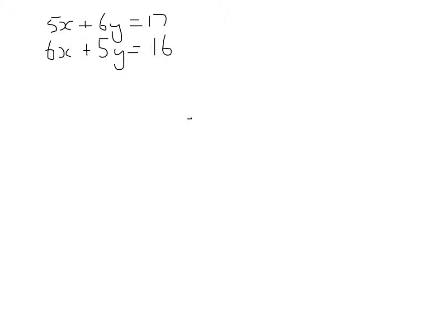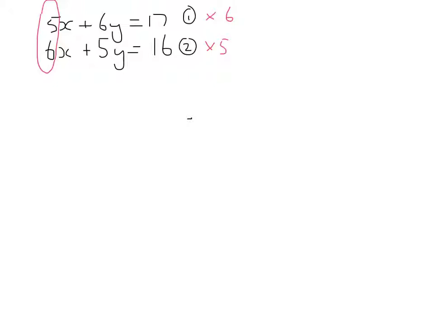Now we need to look at the coefficients and try and make them the same. I'm going to aim to make our coefficients of x the same. So for the top line, equation 1 and equation 2, I'll label them first. For the top one, I'm going to multiply this by 6, and the second one I'll multiply by 5. Everything needs to be multiplied through.